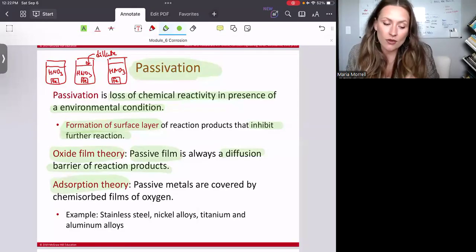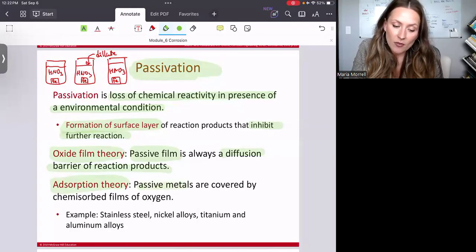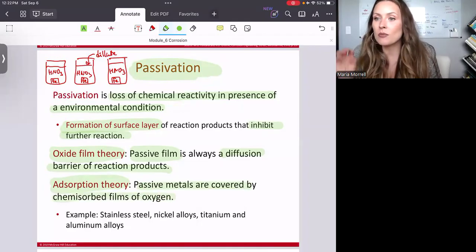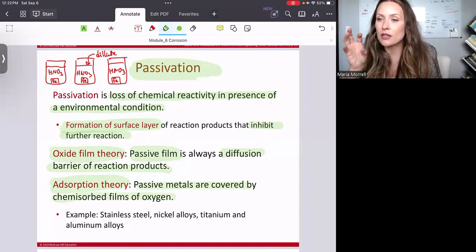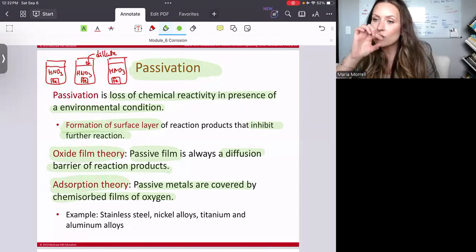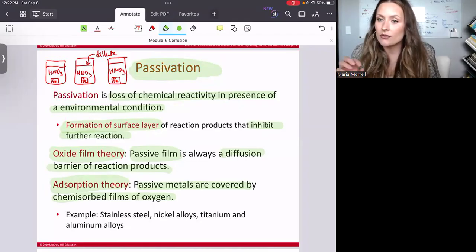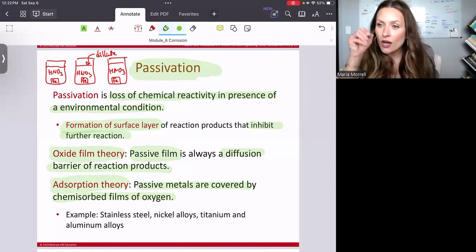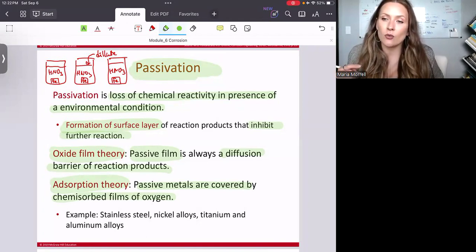Now, the adsorption theory says that the passive metals are covered by chemisorbed films of oxygen, meaning that the oxygen available in the solvent gets adsorbed on the surface, and that creates again a barrier that doesn't allow corrosion to occur. And as you scratch it, the corrosion kicks in right away.